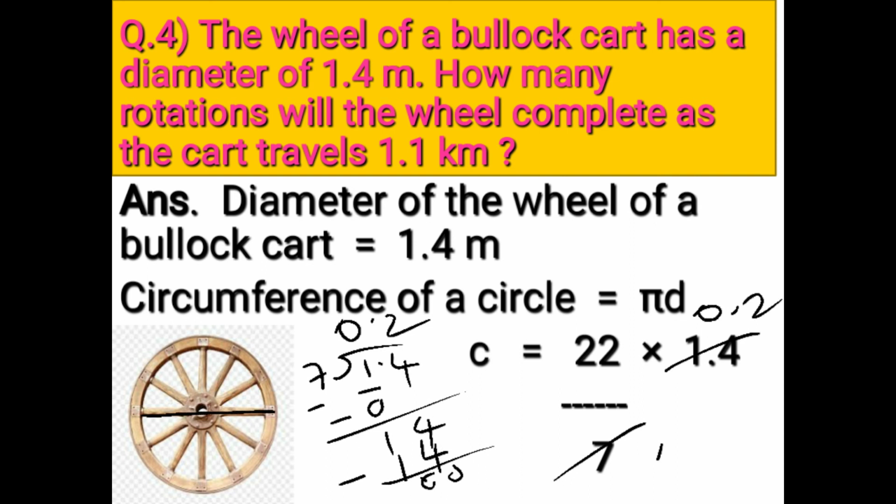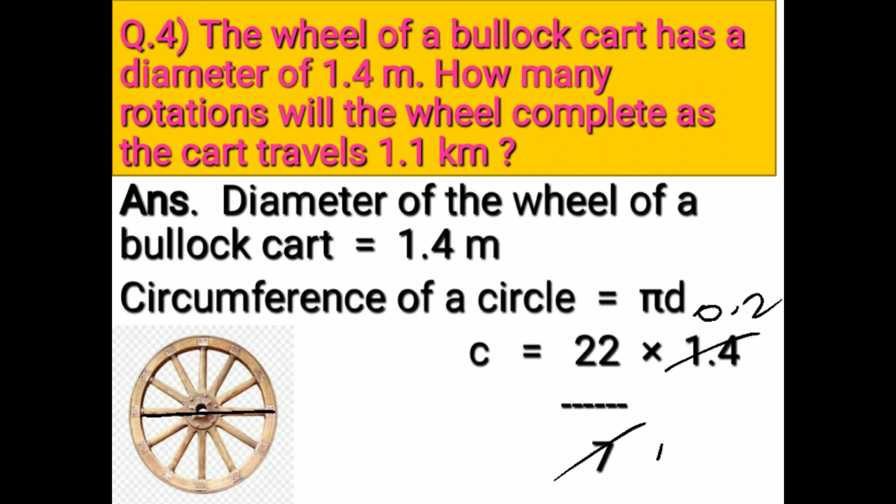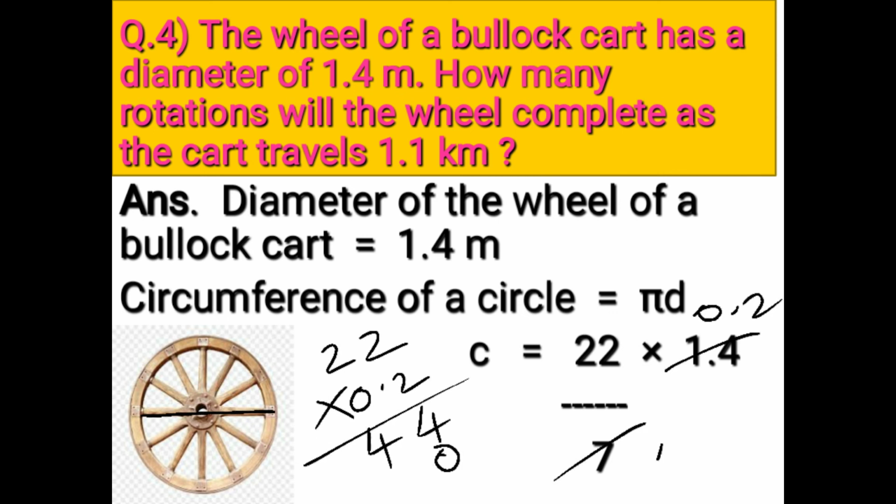Okay. Now 22 into 0.2 you do. 2 2s are 4, 2 2s are 4, 1 zero you have to bring down, 0 2s are 0, 0 2s are 0.